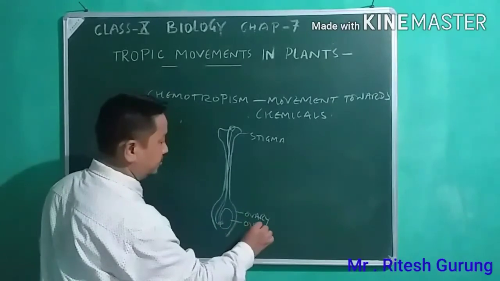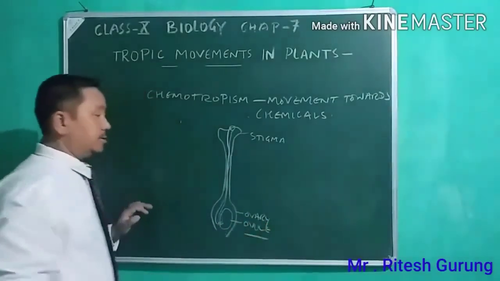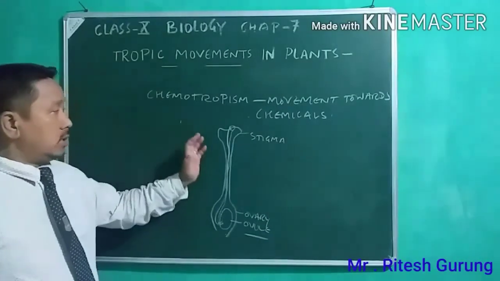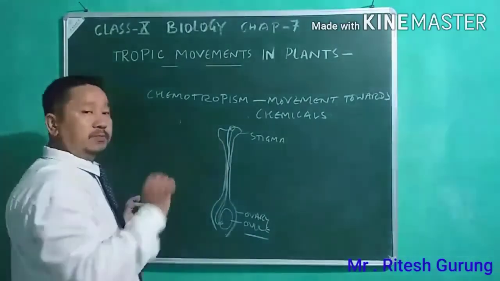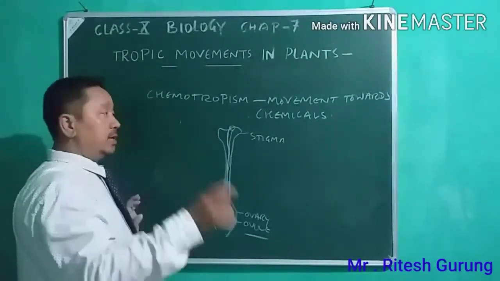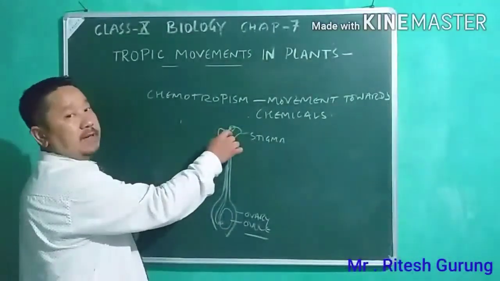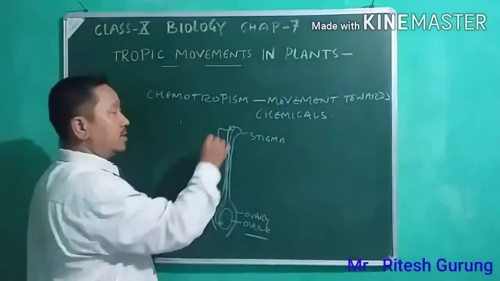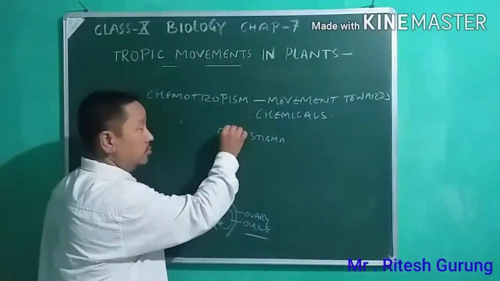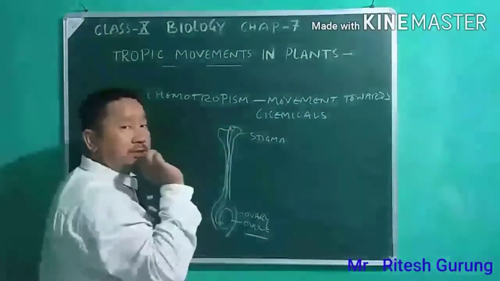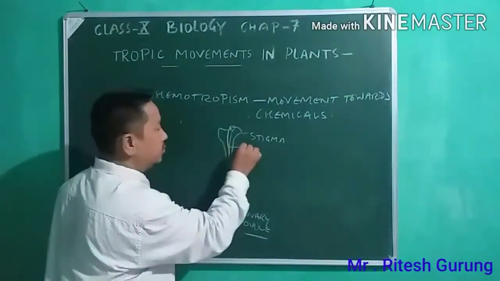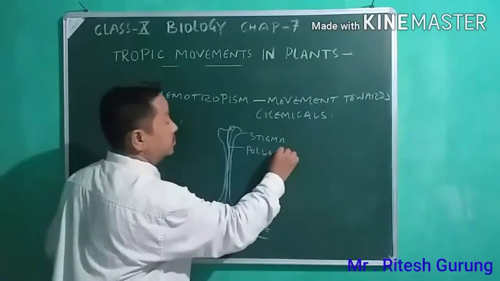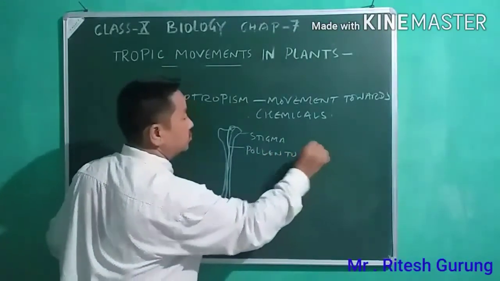This is the ovule. In pollination, the pollen grains are transferred to the stigma. After falling on the stigma, the pollen grain develops a tube called the pollen tube.